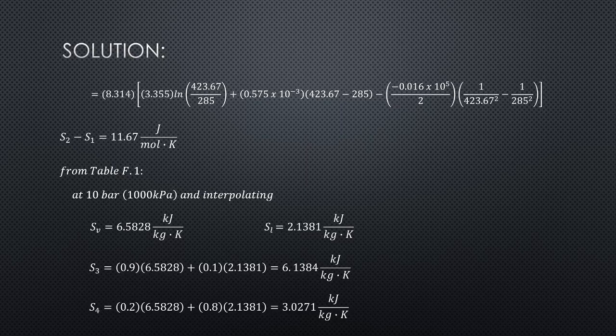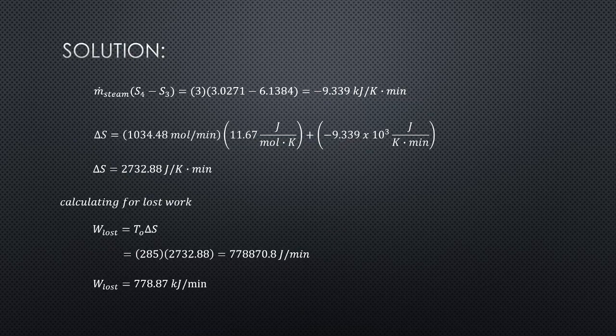So ultimately we get the entropy for the inlet, that is 6.1384 kilojoules per kilogram K, and then for the outlet, S4 is equal to 3.0271 kilojoules per kilogram K.